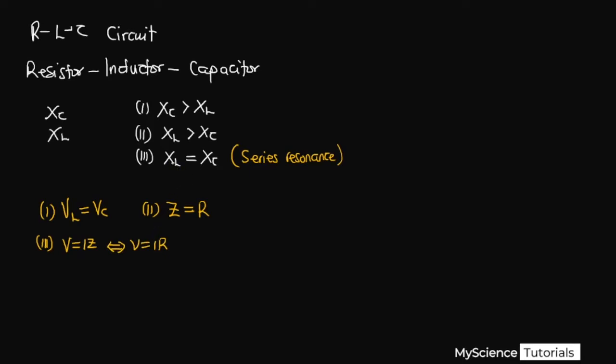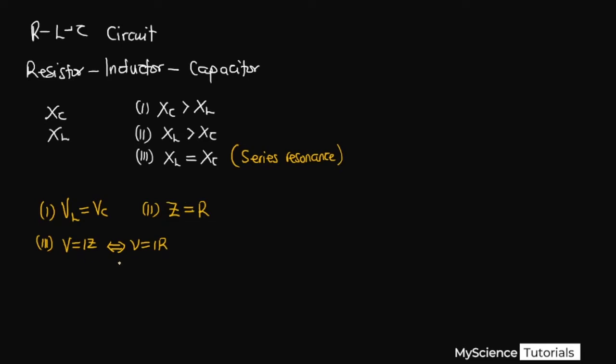So it means that the inductive and capacitive voltages are out of phase, so they cancel each other out, and then just the resistance in that particular RLC series circuit becomes the only opposition to the flow of current. So your impedance will be equal to your resistance, as we stated over here.